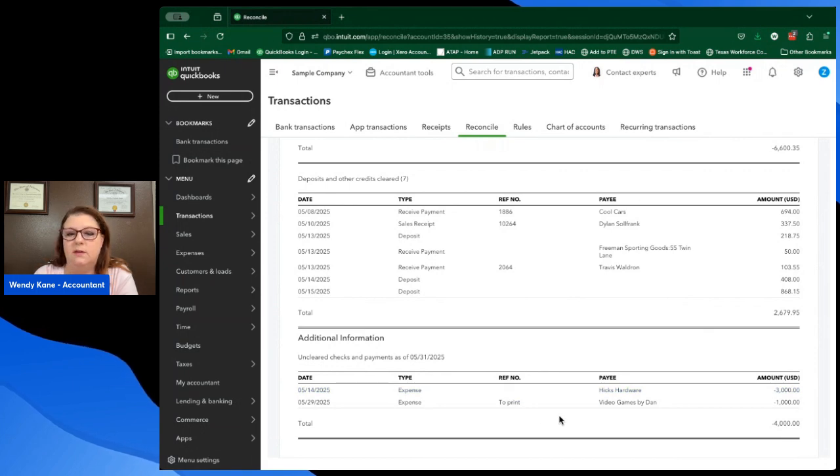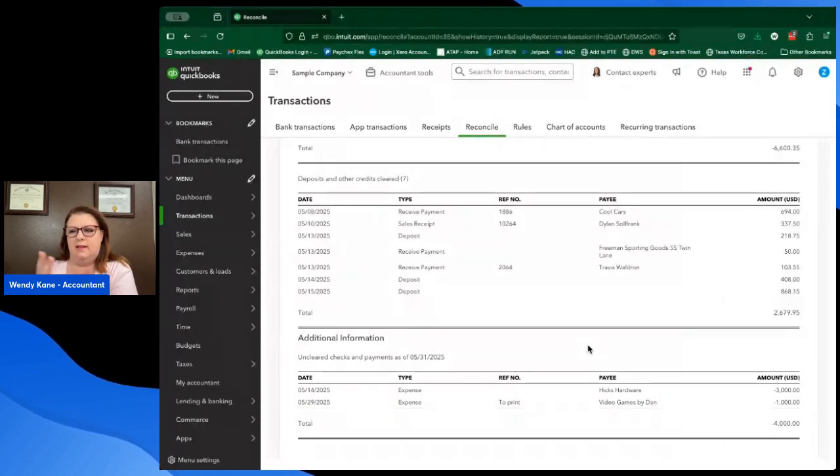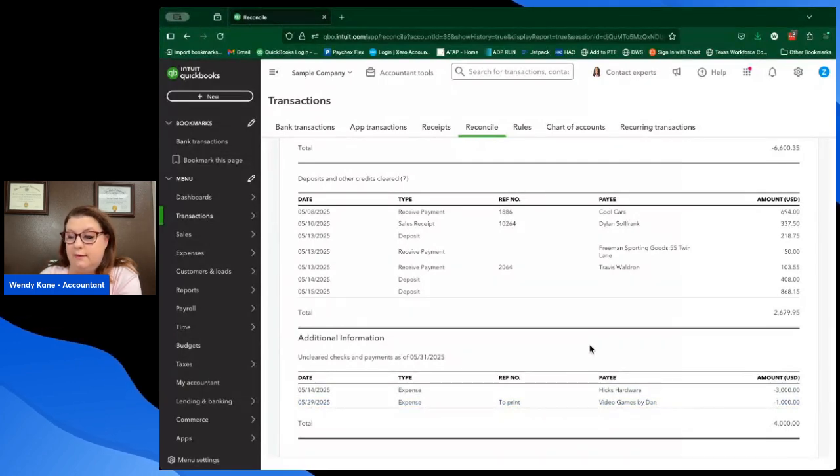So again, the legitimate reason could be you mailed a check, like here, you mailed a check to Video Games by Dan on May 29th. And so obviously the bank didn't have that by May 31st, which was a Saturday. So that's probably okay. It's going to show up on the June bank statement.